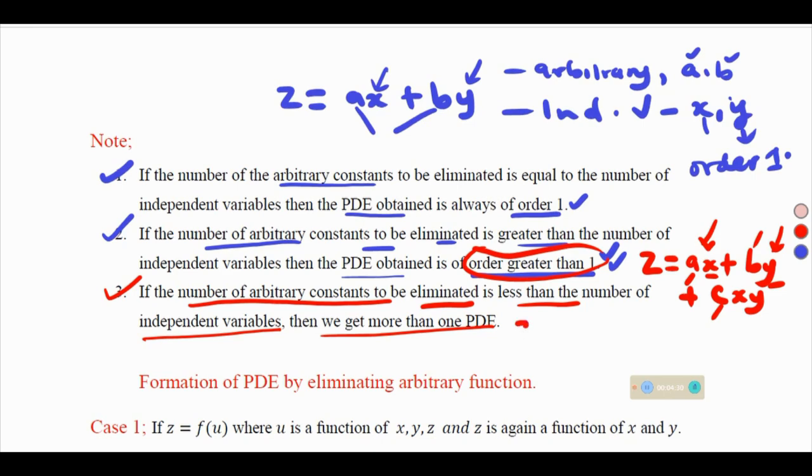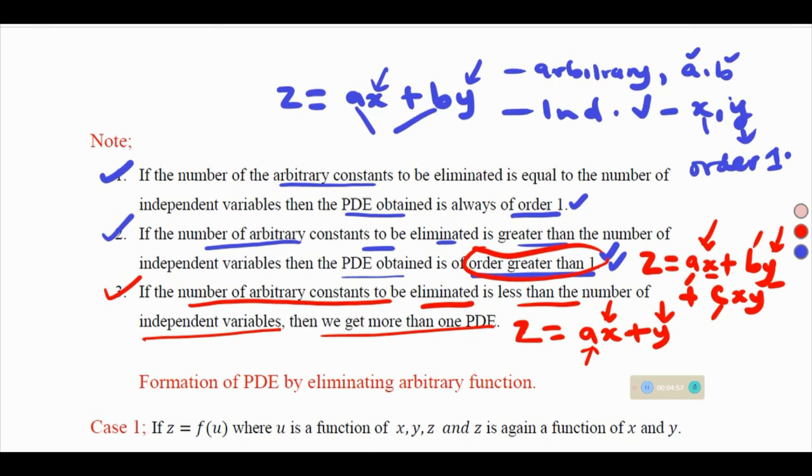If, for example, you consider z equals ax plus y, you realize that you have two independent variables, x and y, but only one arbitrary constant.